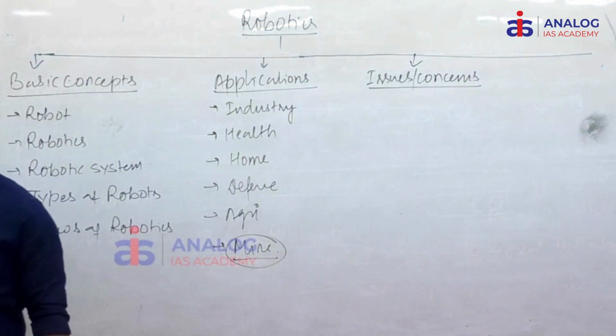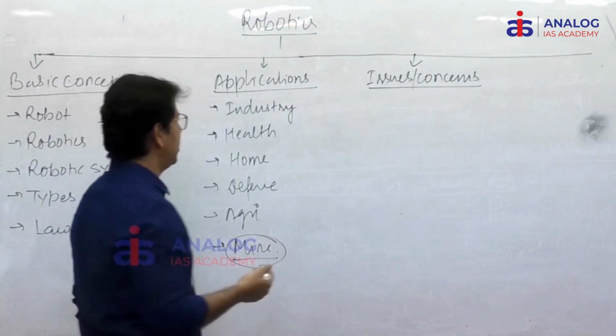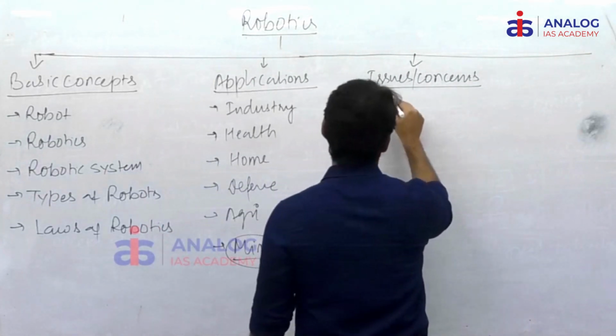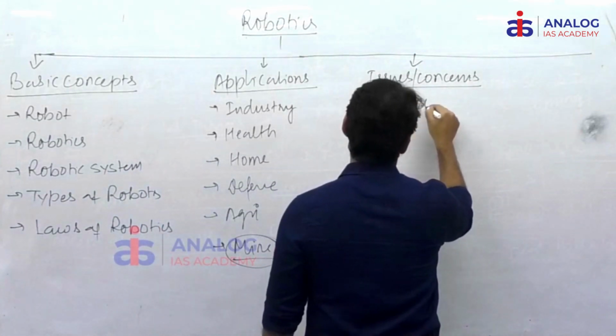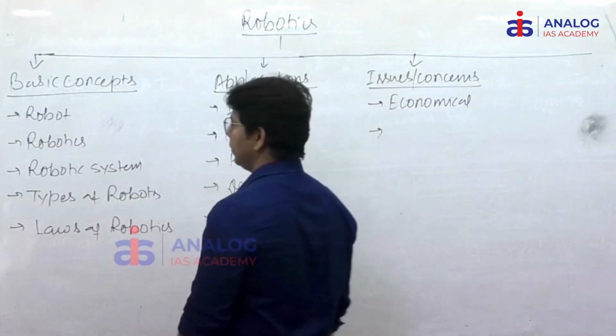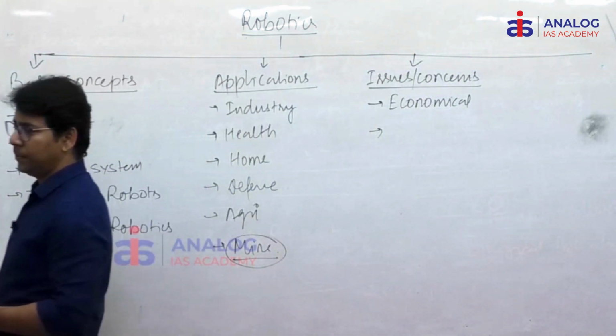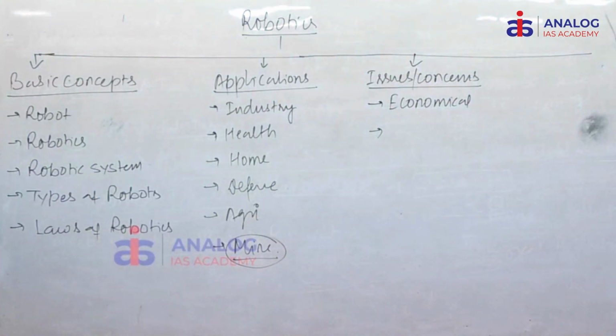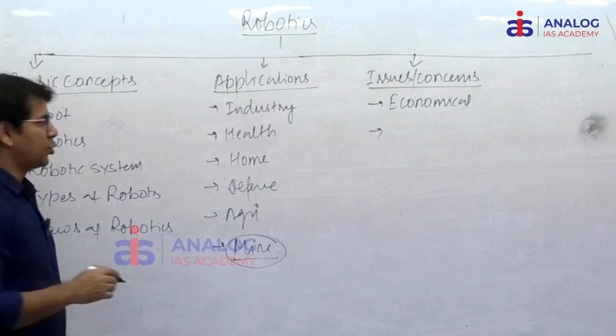Like the biggest application is industry, then the biggest concern is also economical. Right. So what will be the outcome of using widespread robots in the industries? Then socio-ethical.